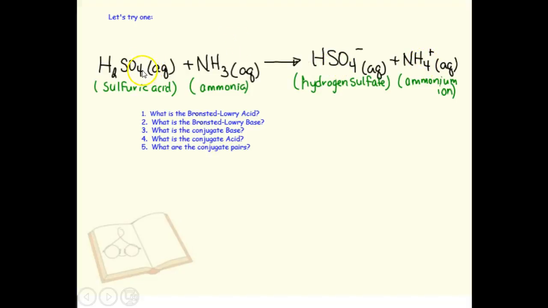But as far as our conjugate pair, sulfuric acid and hydrogen sulfate are our conjugate pair in that case. So ammonia starts off as a base, but because it accepts it, it's then an acid. So the ammonia and the ammonium ion are the conjugate pair there. Okay?